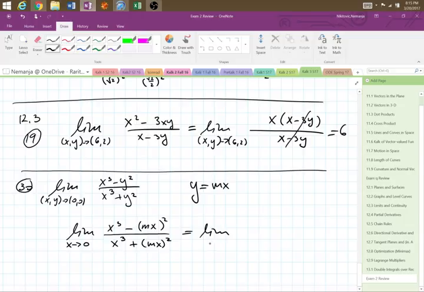Don't forget to write this limit every time, because it's minus 1. So now you can factor out x squared on top and stay with (x minus m) squared. And you factor out x squared in the bottom, and you're left with (x plus m) squared.